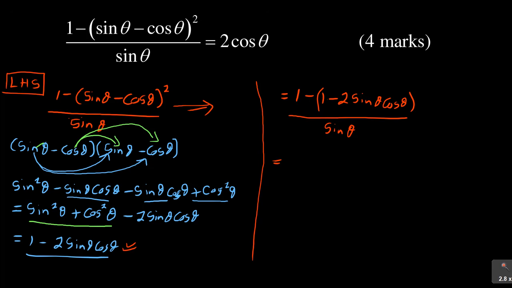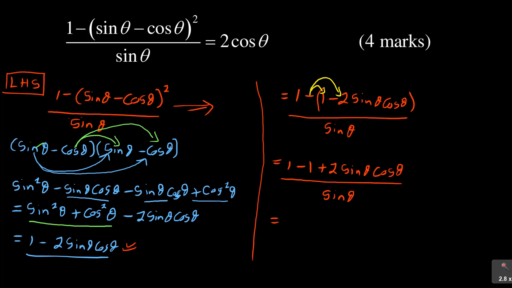In this case, this negative will be distributed to 1, so it's a negative 1, and the negative will become a positive. So now I'm going to have 1 minus 1 plus 2 sin theta cos theta, and then this is divided by sin theta.